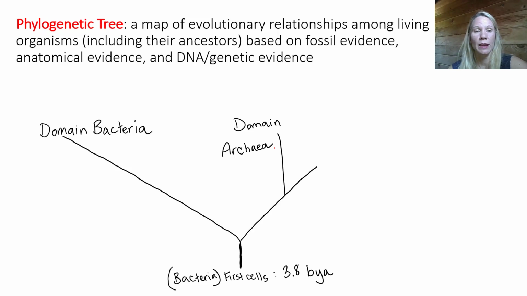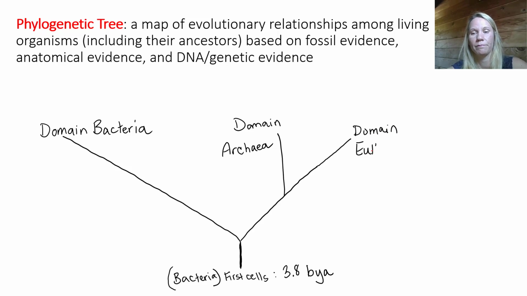Although domain Archaea are also prokaryotes, they're going to be closer to this branch here that's going to lead us towards domain Eukarya. Okay, so those are the three domains of life and how they organize in a phylogenetic tree.